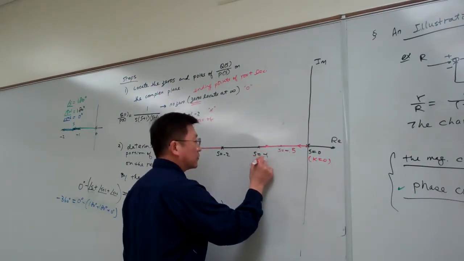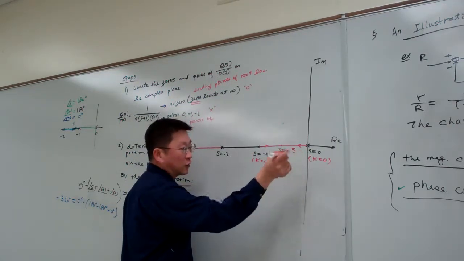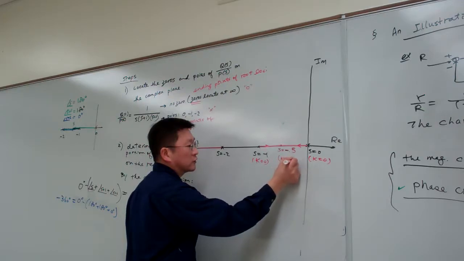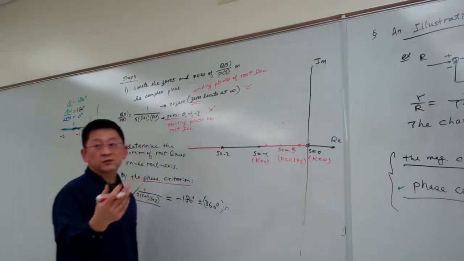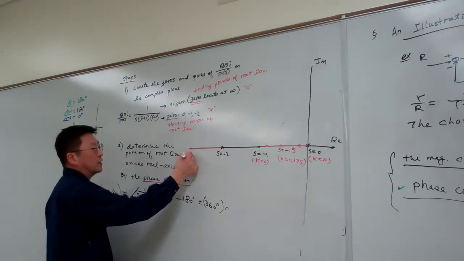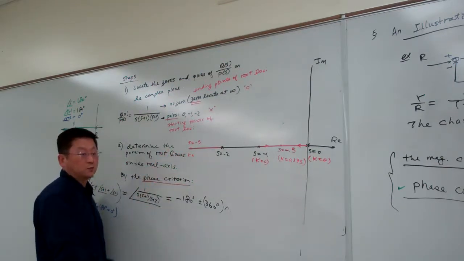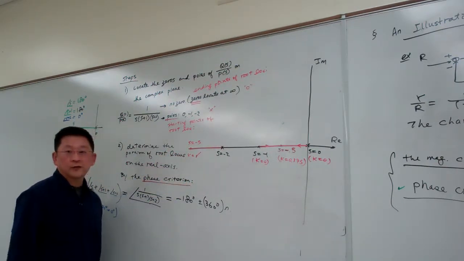When s equals minus 0.5, we know from our calculation k equals 0.375, etc. So if you want to find the value of k at, say, s equal to minus 5, repeat the same procedure, and you can determine this value as well.